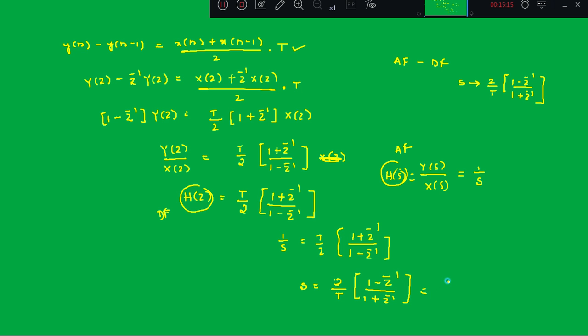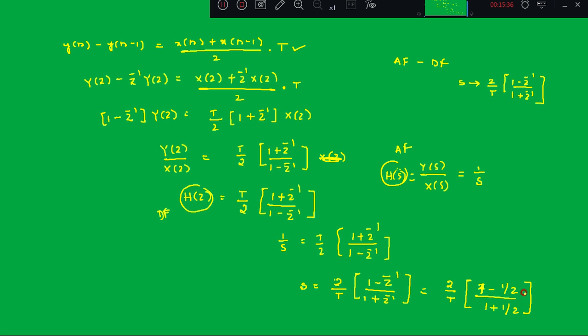The same thing can be written as 2 by T, right? So here I will multiply by z raised to minus 1. Sorry, I will write it like this: (1 minus 1 divided by z) divided by (1 plus 1 divided by z), right?